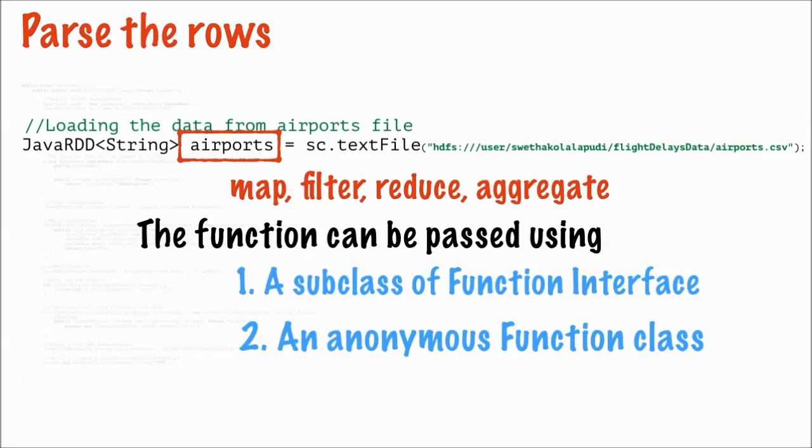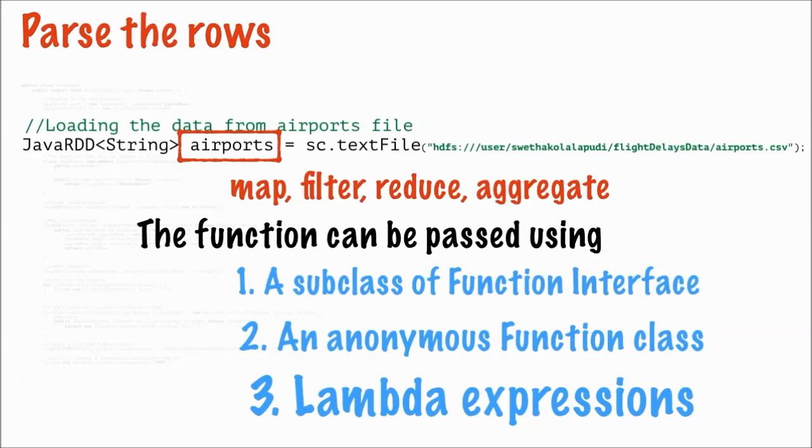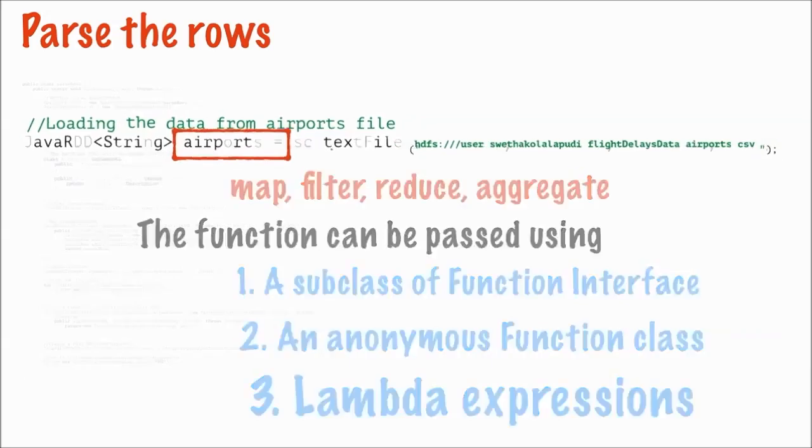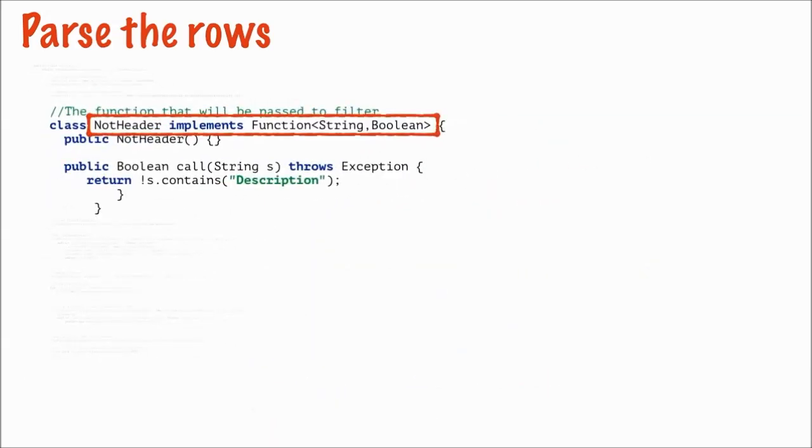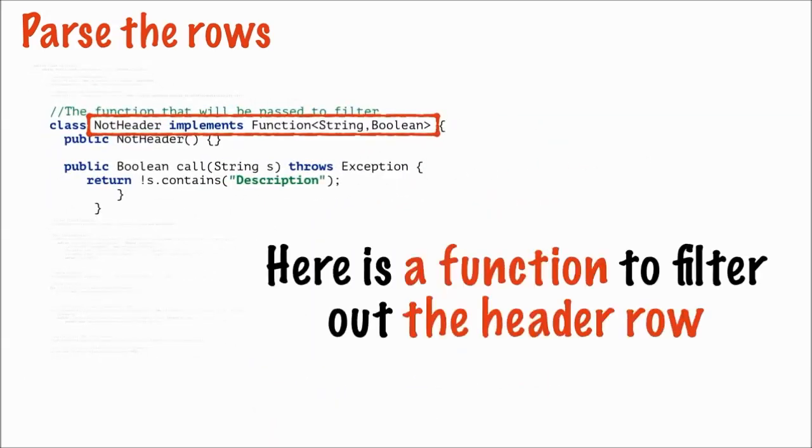You'll new up the class on the fly and pass it in to any of these operations. Or if you're using a more modern version of Java, you'll use lambda expressions. Lambda expressions are similar to lambda expressions in Python. They now exist in newer versions of Java. We'll see an example of all three types of function objects in just a bit.